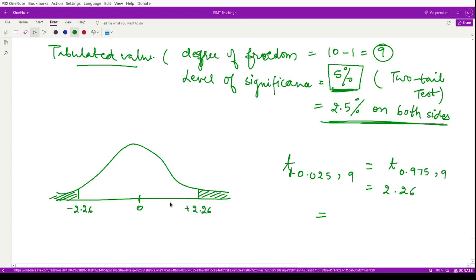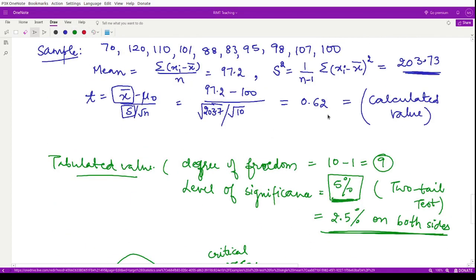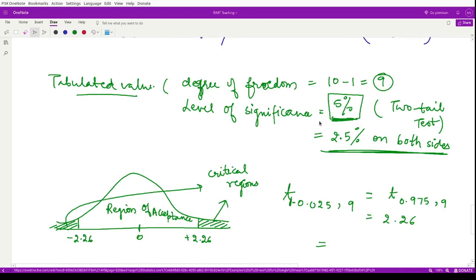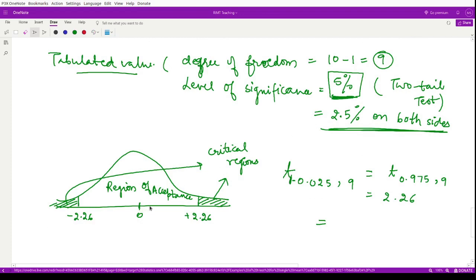Now because you have identified the critical regions, these two are your critical regions. According to these critical regions, this would be your region of acceptance. Now you have to see where your calculated value lies. Your calculated value is 0.62. So 0.62 would lie somewhere here, right?